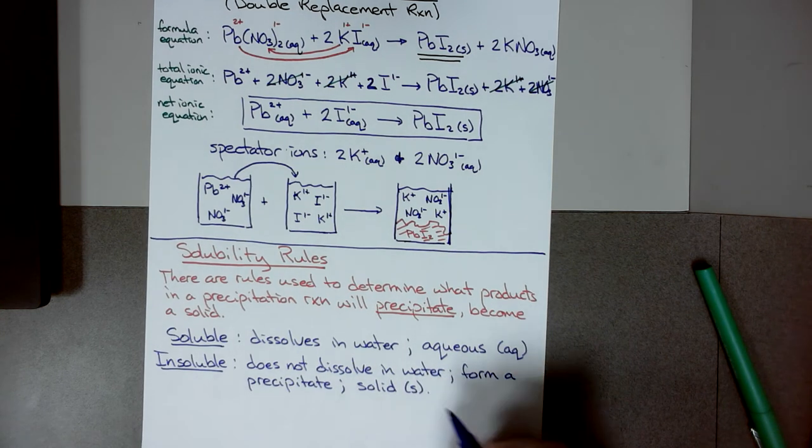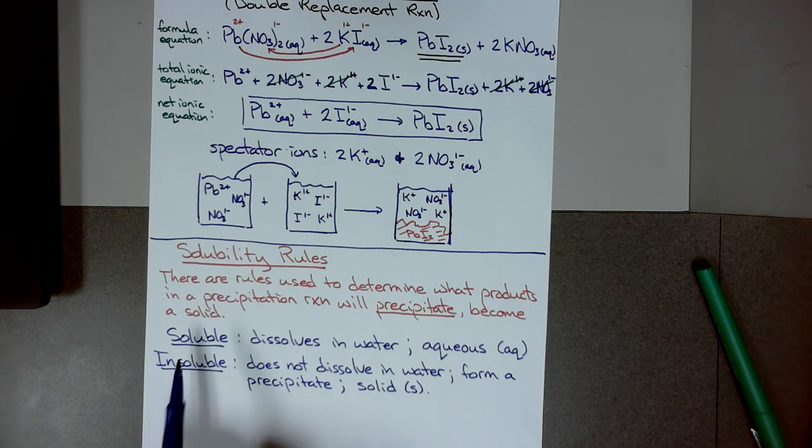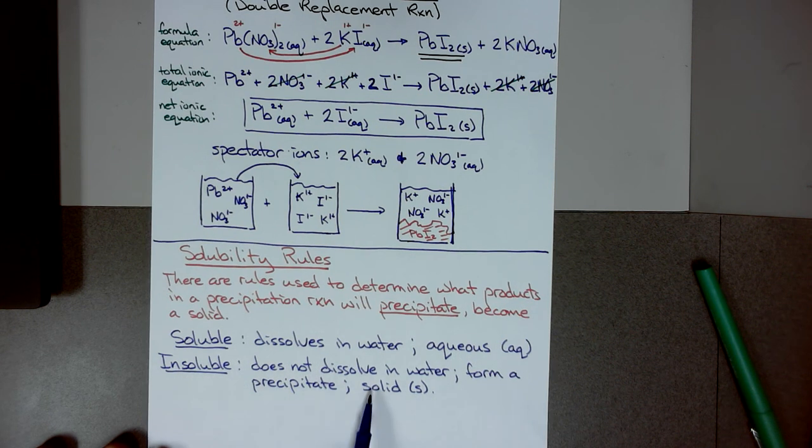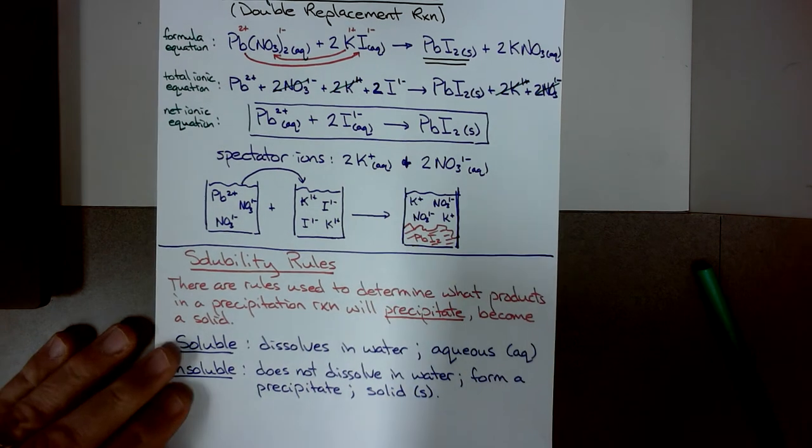Okay, so if it is soluble, we say it's aqueous. If it's insoluble, we say it is solid, and therefore is the precipitate that is formed because it does not dissolve in water. So now we need to look at a solubility rule table and go over it to make sure you understand how to read it.